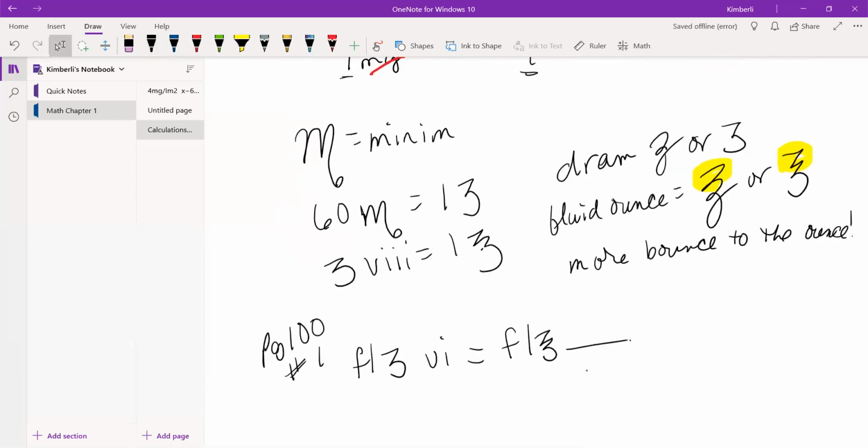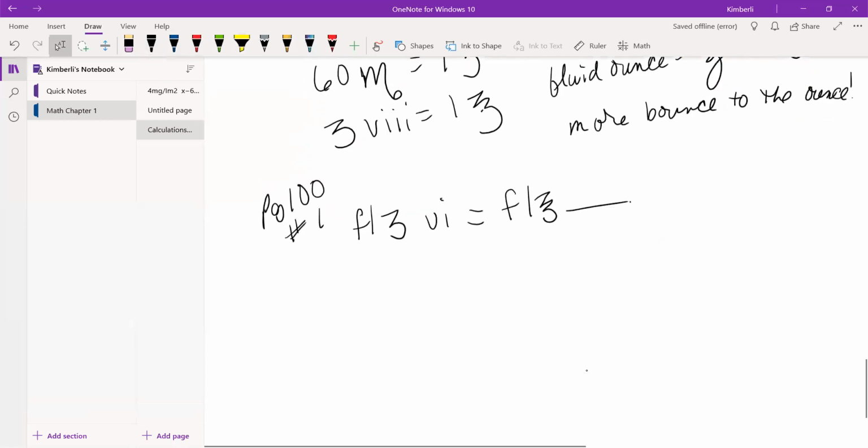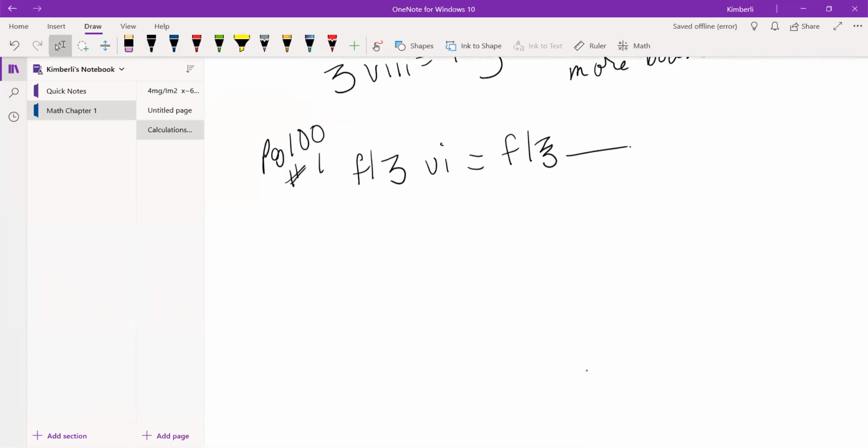So we had 8 drams to the ounce, and we have 6 here, so we don't have quite an ounce. I'm not going to do this math in Roman numerals. In fact, it's much easier for me to convert this whole thing to 6 drams equals blank ounces.